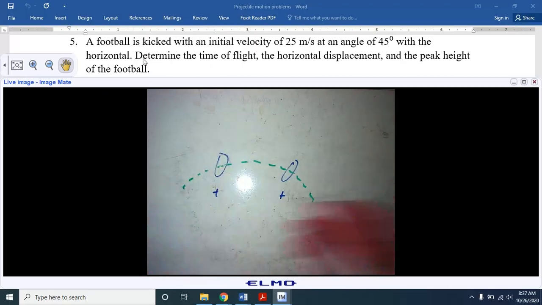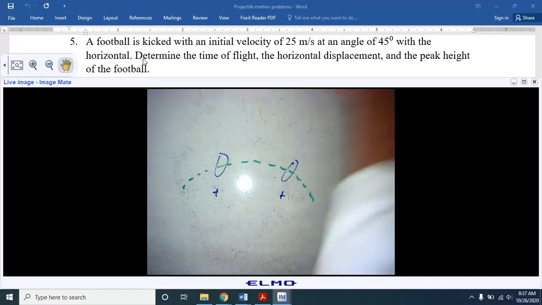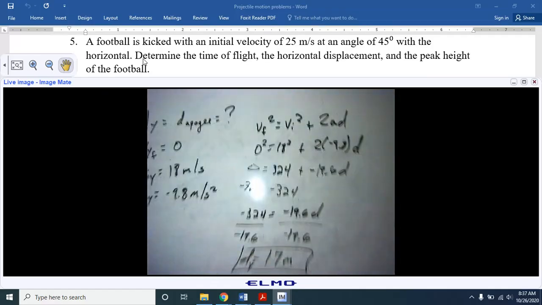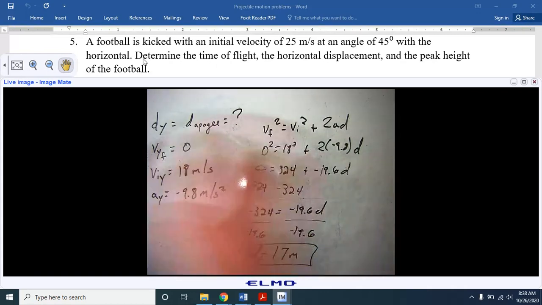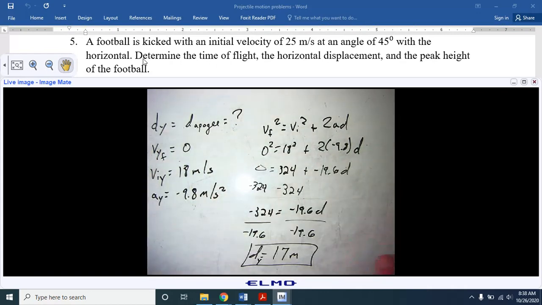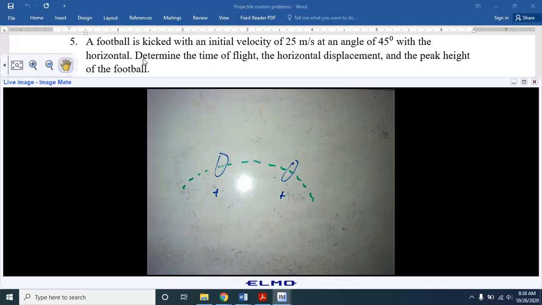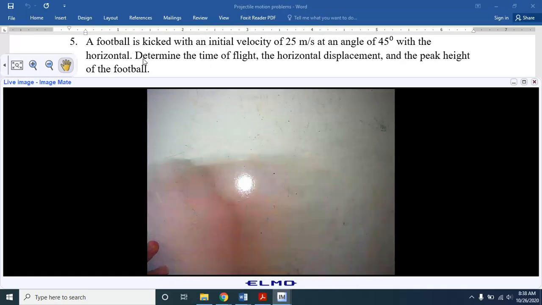So I'm going to show you how to solve this same one here for dy knowing my time. So you get an idea how you would solve for it if you have the time given instead.